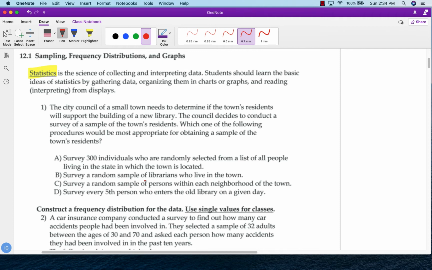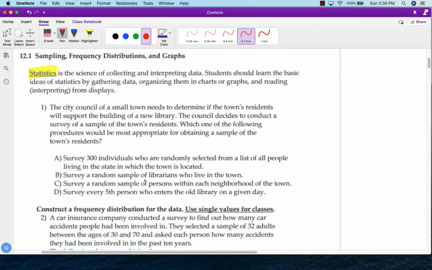Okay, so here we have to keep in mind that you can't be biased, basically, right? So if you want to get a good sample of the opinion of the residents, you have to keep that in mind. You can't do the sample towards people that prefer going to the library, because then the results will be kind of obvious.